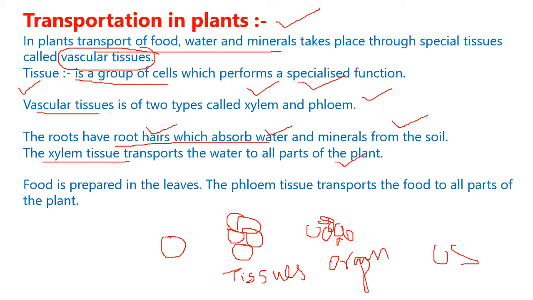So xylem helps in the transportation of water and minerals from the soil with the help of the roots. And what is the function of the phloem? The food which is prepared in the leaf is transported to all the parts of the plant. In other words, xylem transports the water and minerals and phloem transports the food prepared by the leaves.